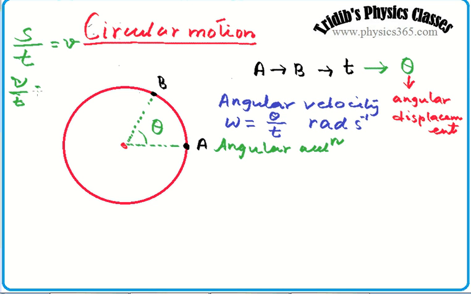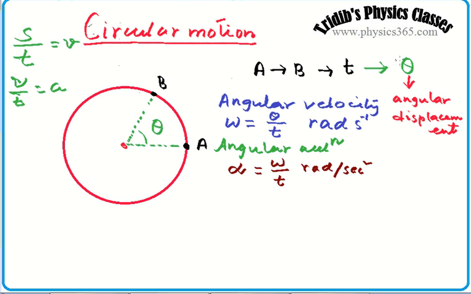Here also the angular acceleration will be symbolized by alpha, and that is omega divided by t. Its unit is radian per second square.